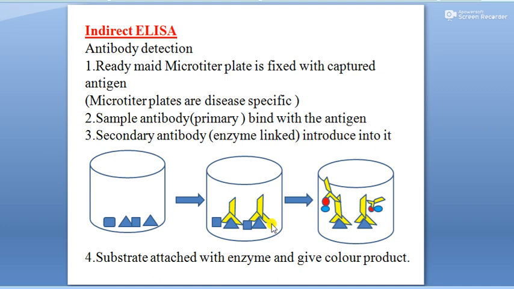So the next step, that is step number 4, is the substrate attaching with the enzyme and giving a color product. Obviously those enzymes which are introduced in this process, that is the enzyme-linked antibody, that means an antibody which is linked with specific enzymes.